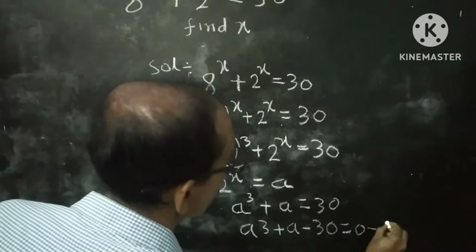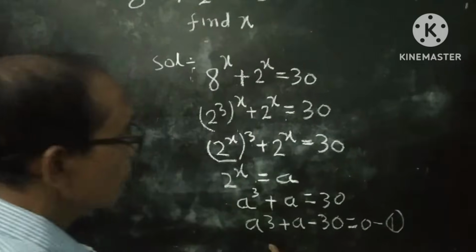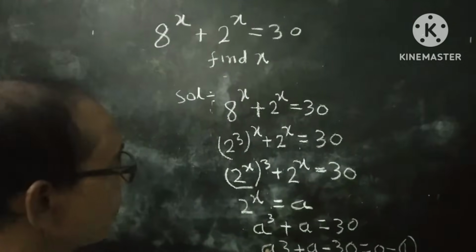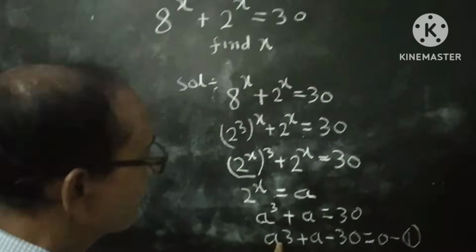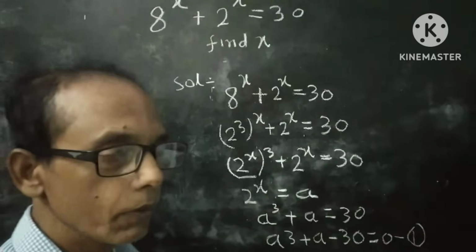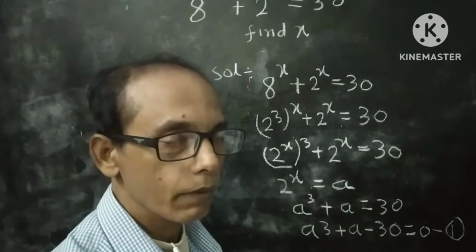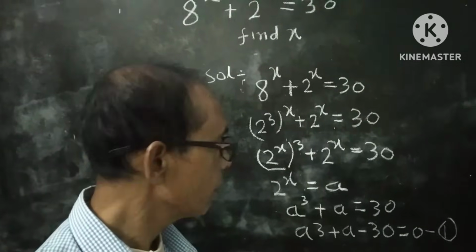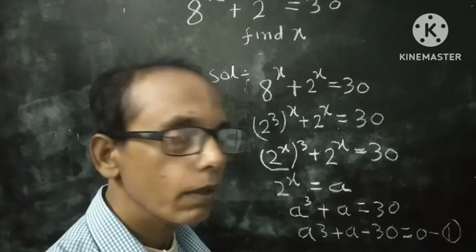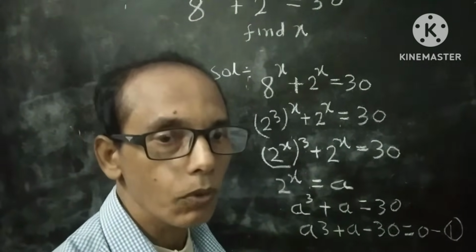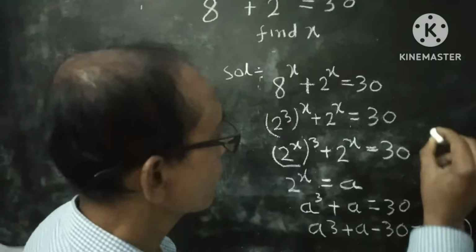It is equation number 1. Now we will solve it as a cubic equation. There are two methods. Here we are taking a simple method that we can solve very easily.